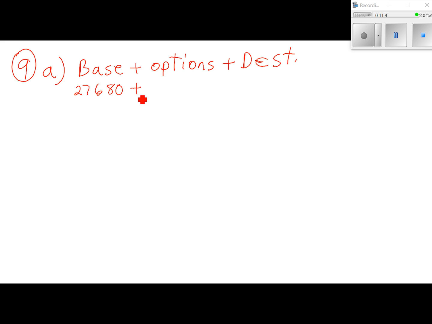The total for all the options was $2,495, and the destination charge was $680. If we just total all that up, that's going to give us the sticker price.